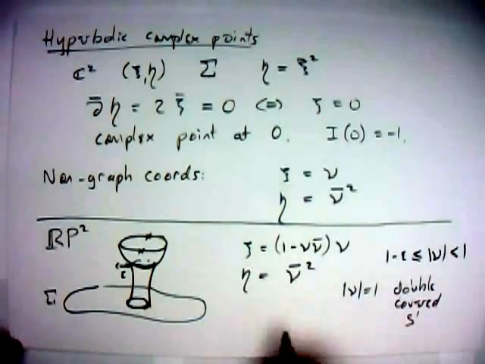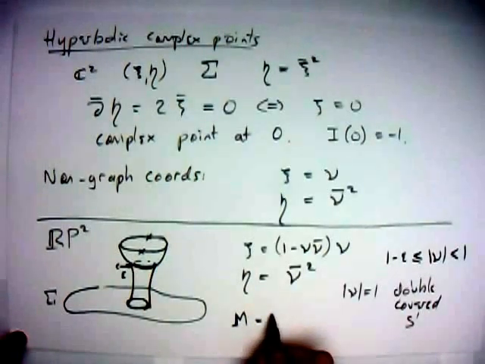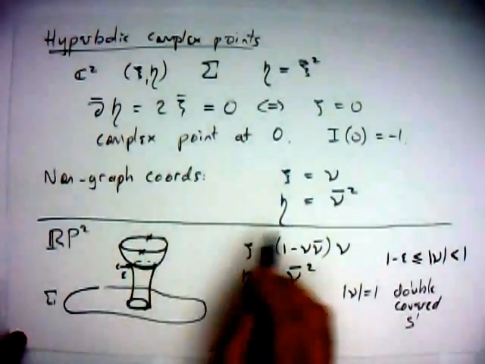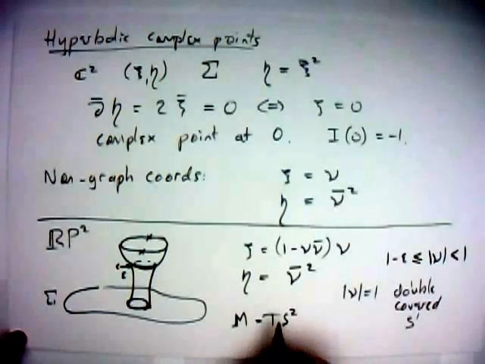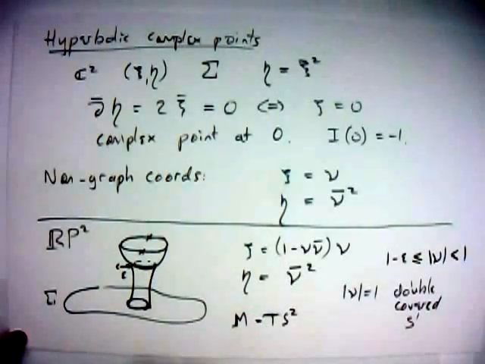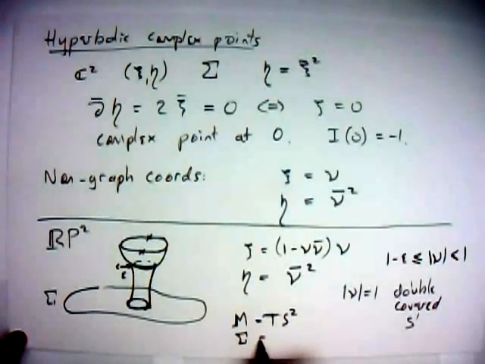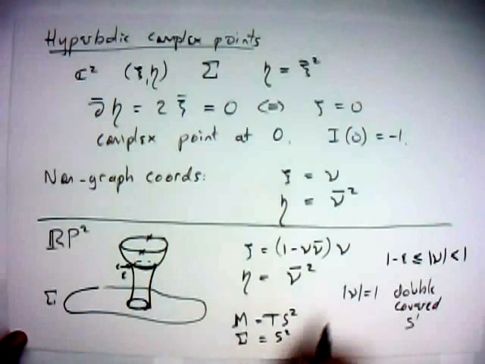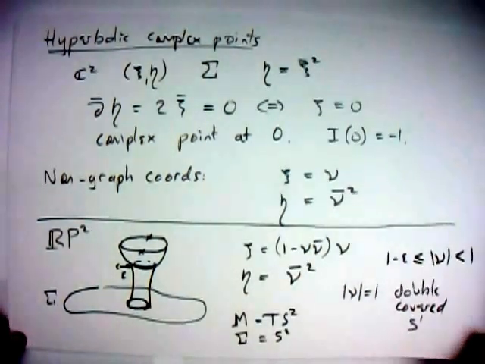Of course, the situation we're interested in is that your M is in fact TS2. So all this goes through for any complex surface, in fact. But in this proposition, we use this for TS2, and your surface is a sphere, and you do this K times. We do this to cancel K complex points.